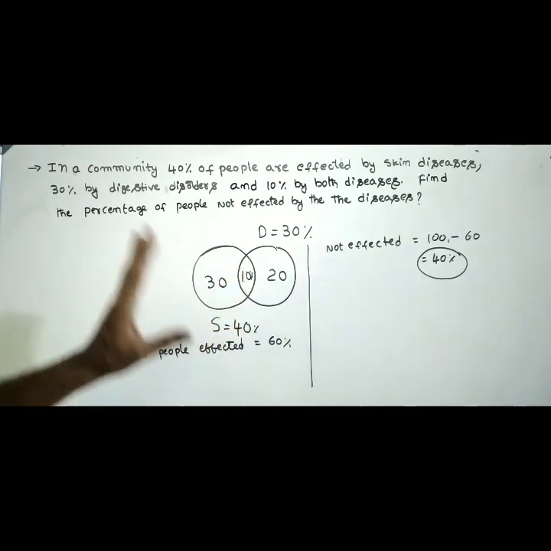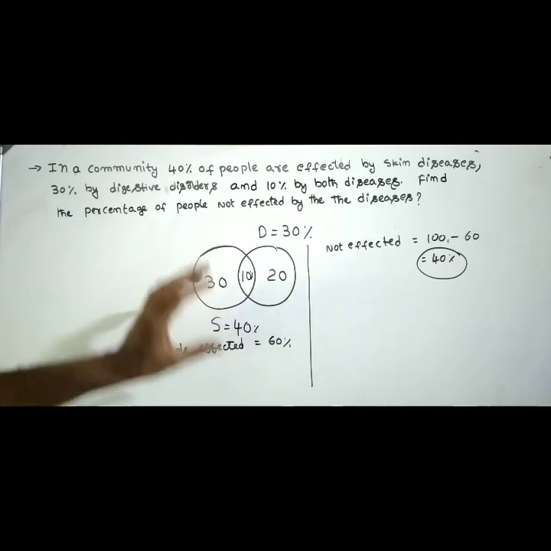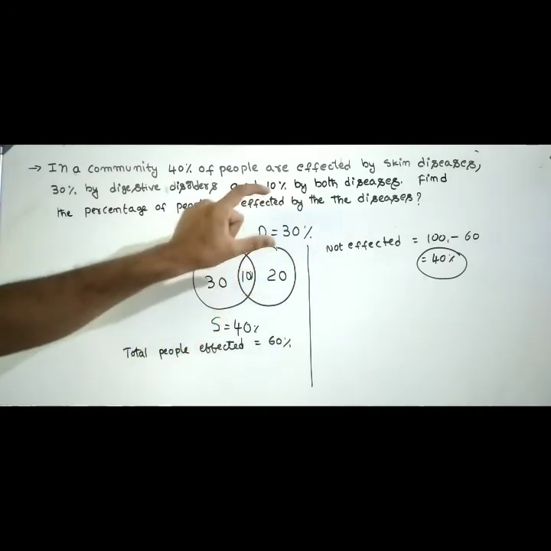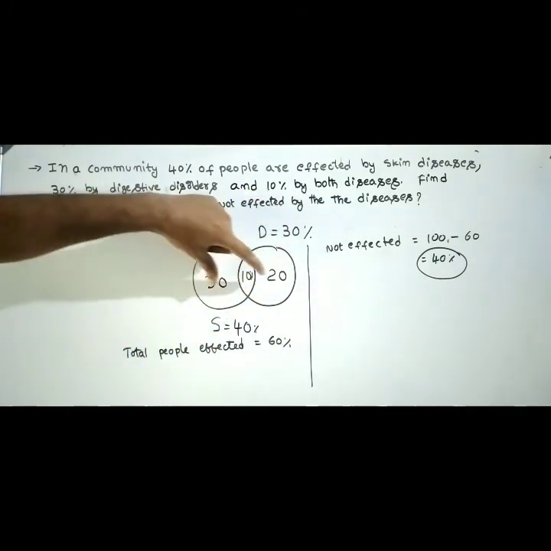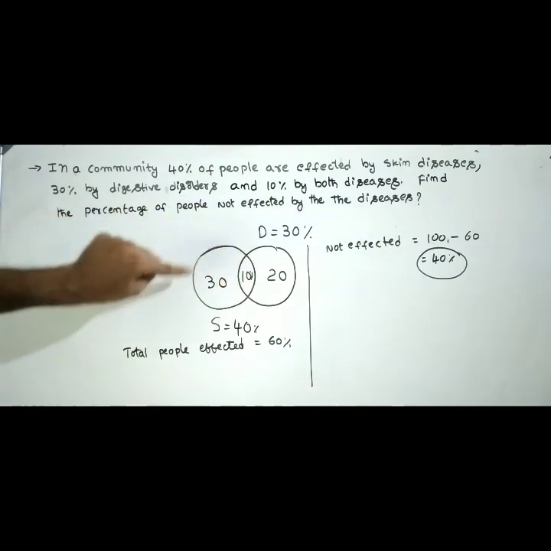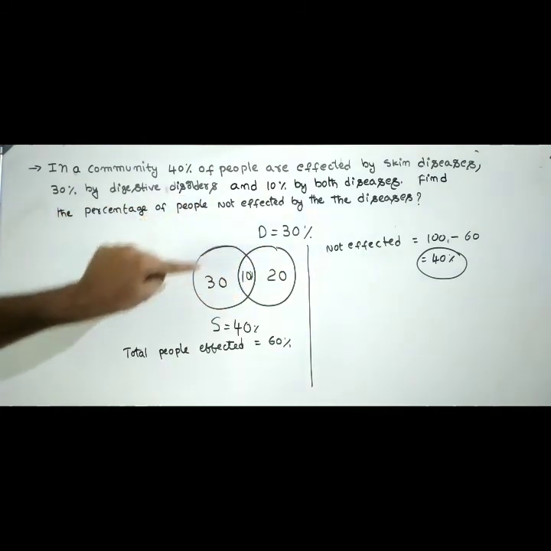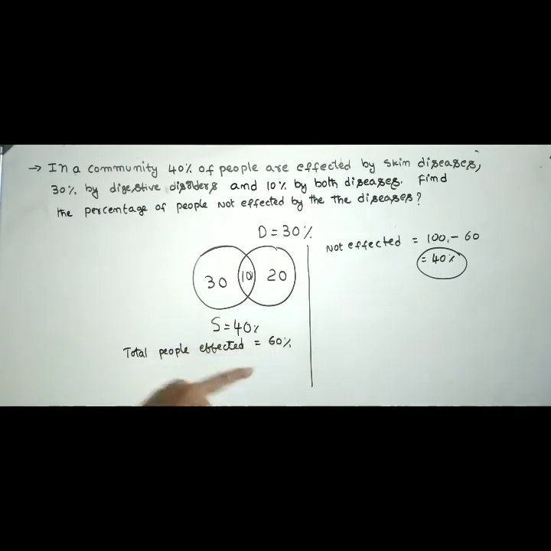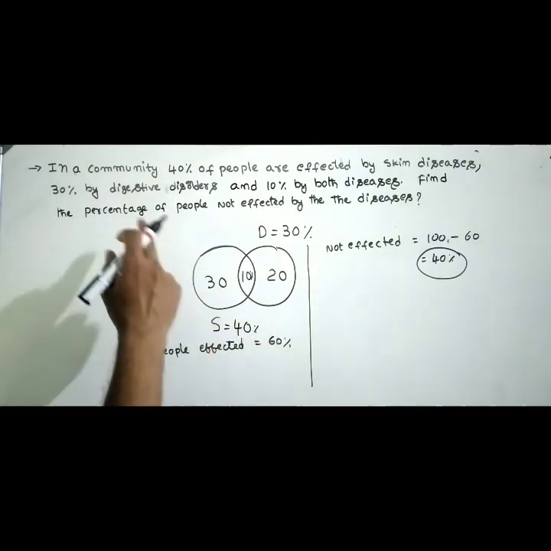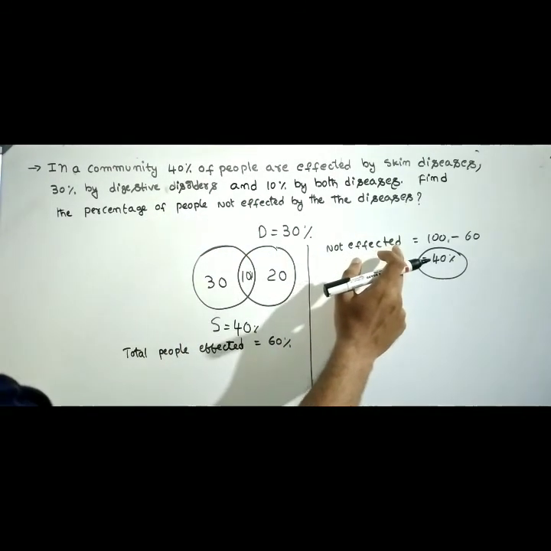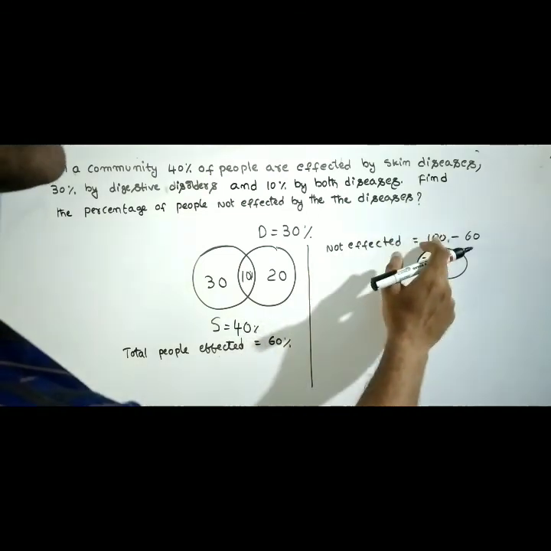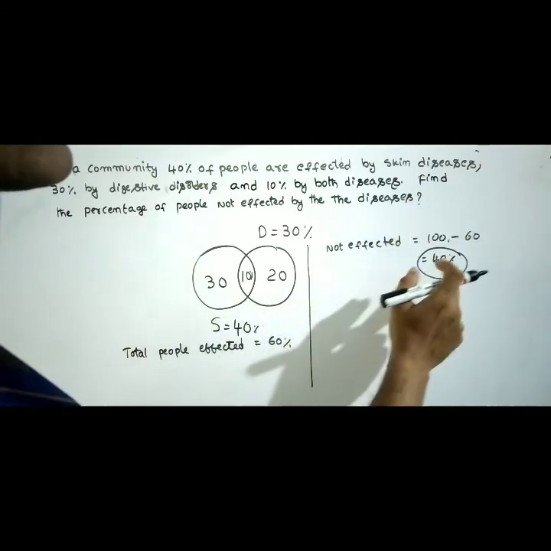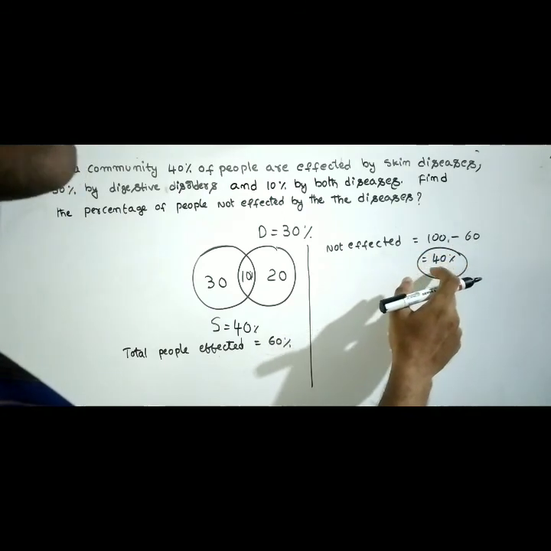We will get only skin diseases. Here also only digestive disorders. So total we have to calculate this total, equal to total affected people. That means 60%. What has he asked? Not affected people. So total people minus affected people, that is equal to 100 minus 60, 40.